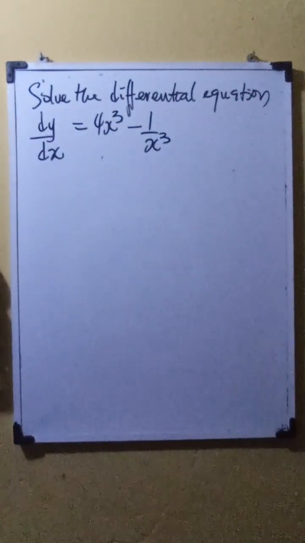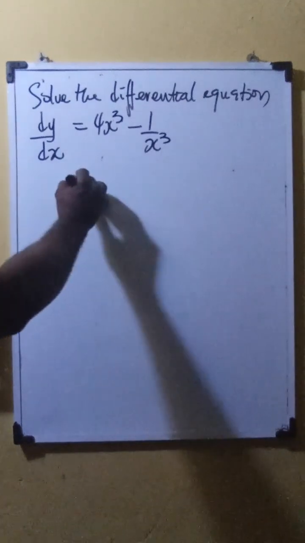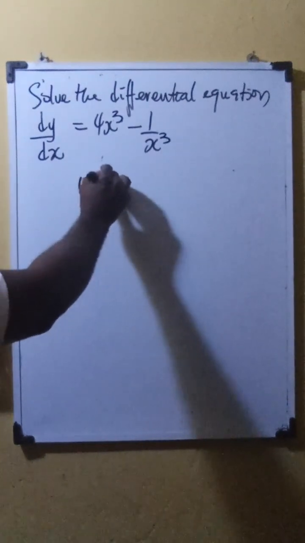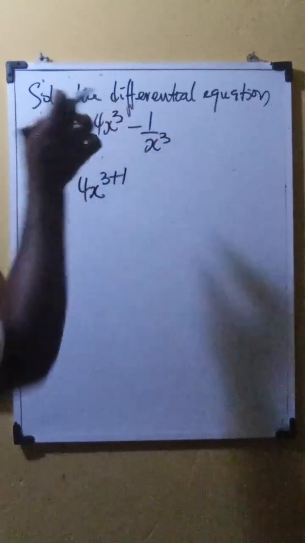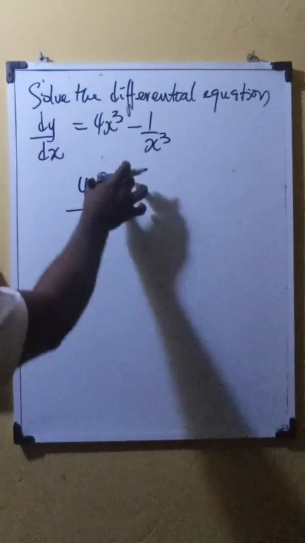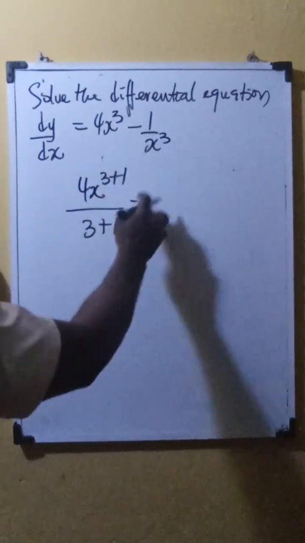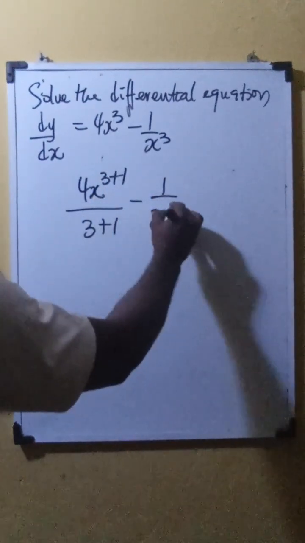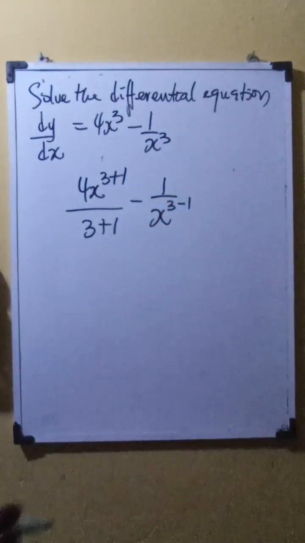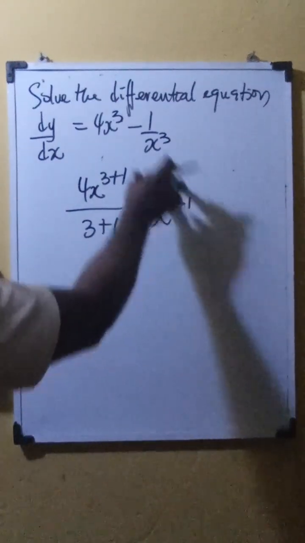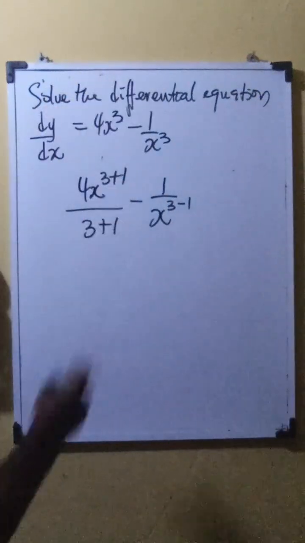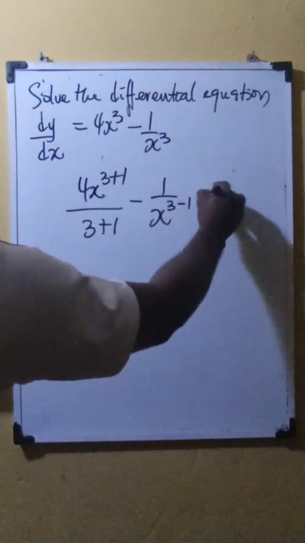Simple, the same process. So I say 4x to the power 3 plus 1. The power is always raised by 1. So bring down this part, 3 plus 1, minus, bring down the minus 1, x to the power 3 minus 1. The inverse is going to be a minus 1 because this is down, the other one is up. Do you get it? Then the plus c.